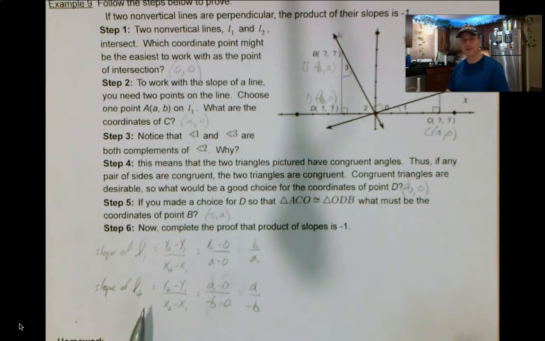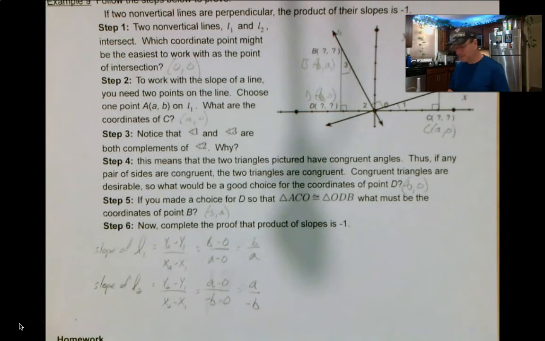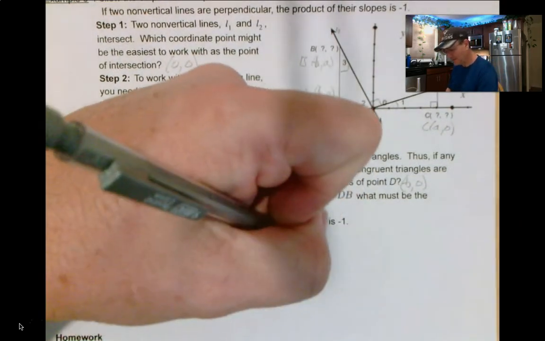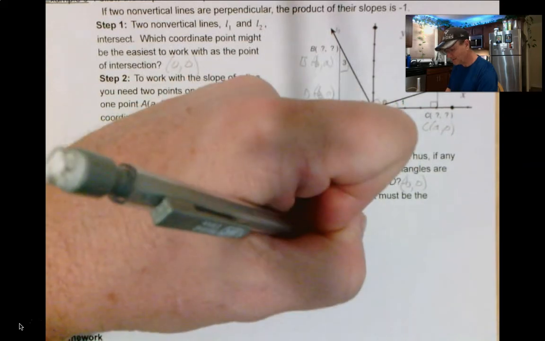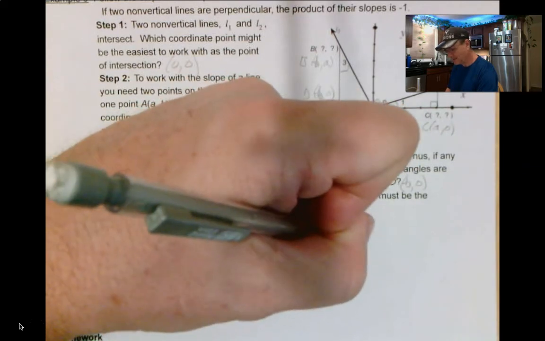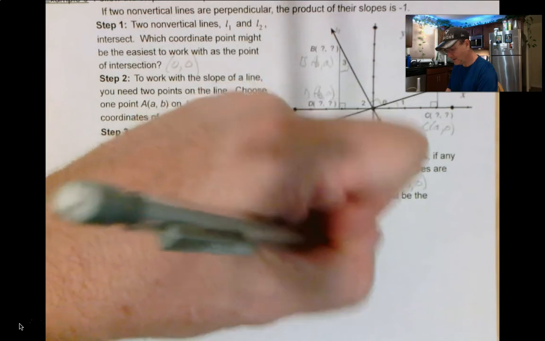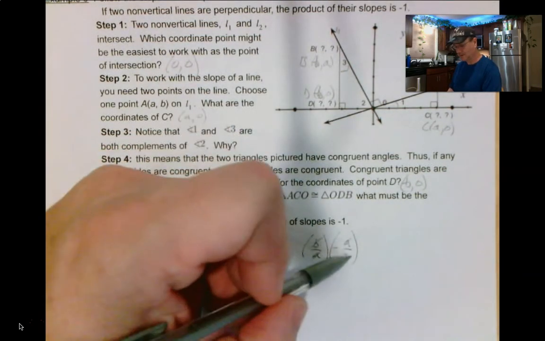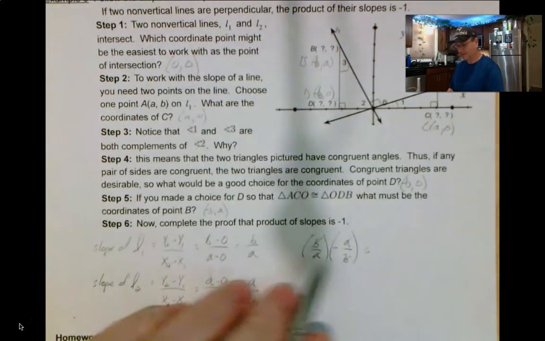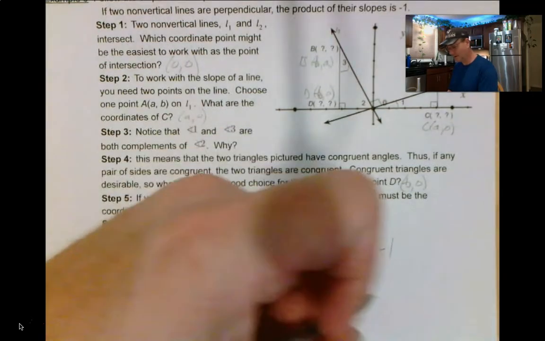Now we want to actually find the product of these two. So b over a times negative a over b. Cancel, cancel, cancel, cancel. Positive times negative. Negative 1.